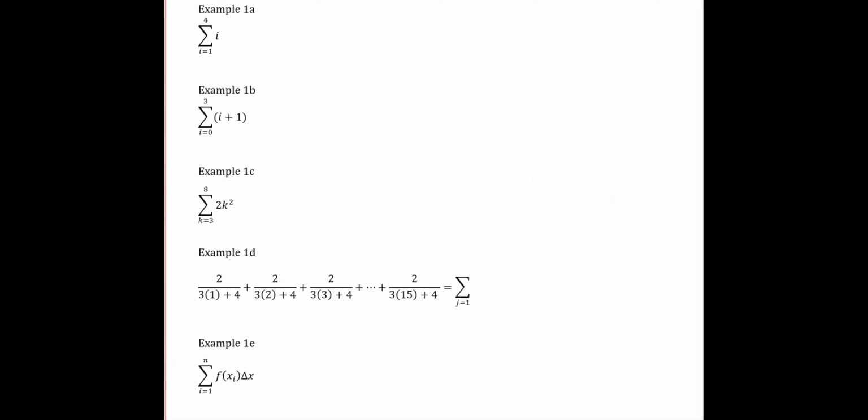In this video, we're going to look at example 1, which has 5 different parts, where we're going to expand out these summations to get a better sense of what sigma notation is.